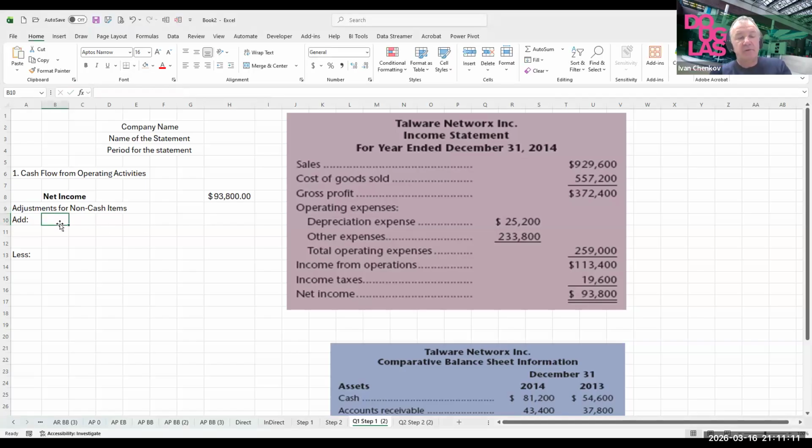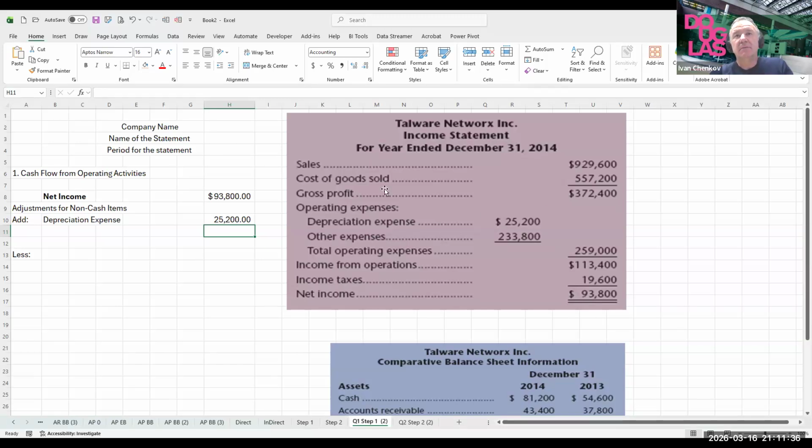That will be my depreciation expense. And I'm gonna add back exactly $25,200. Is there anything that I have to deduct from my net income?